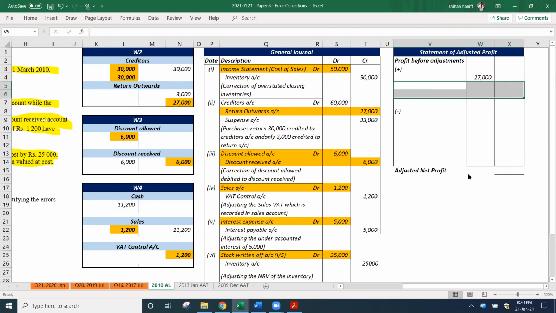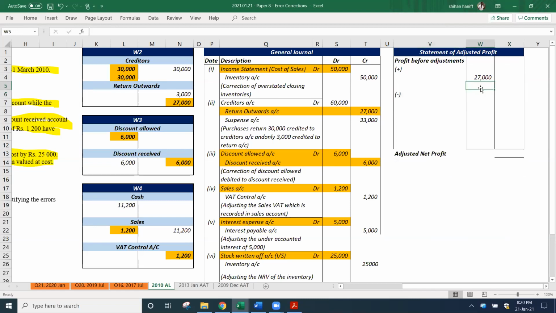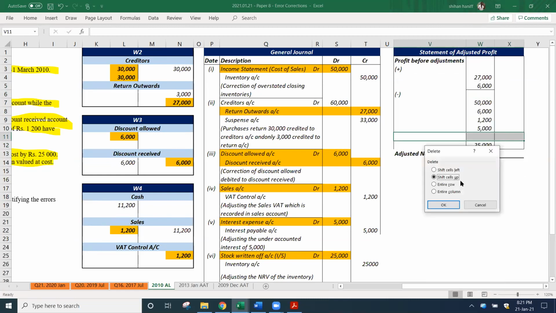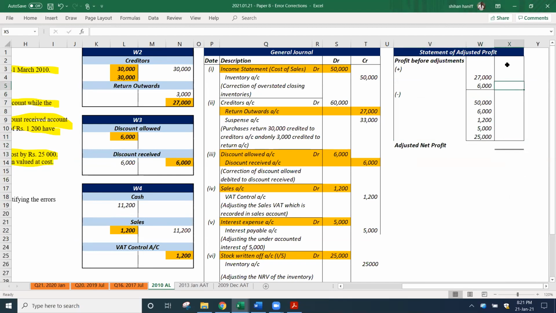Those two plus. So 27,000 and 6,000. Those two plus. And the remaining 50,000, 6,000, 1,200, 5,000, 25,000. That's minus.